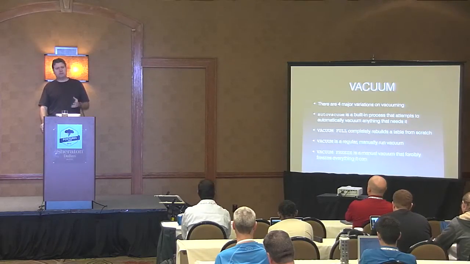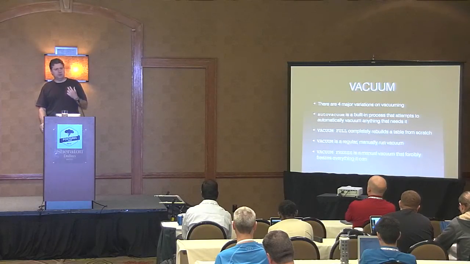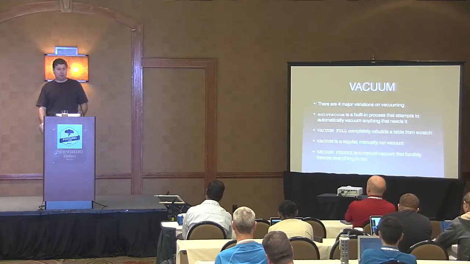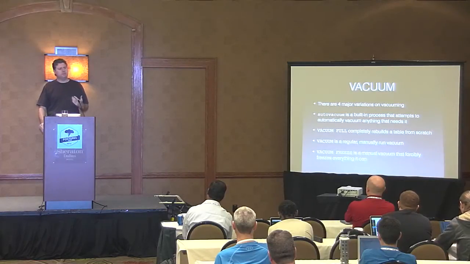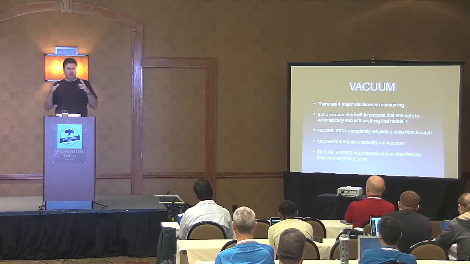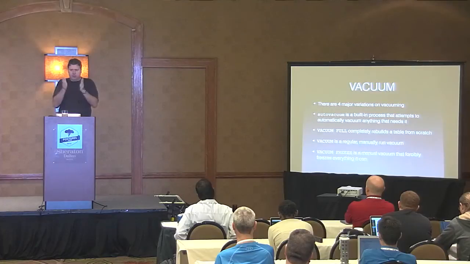Vacuum freeze is a vacuum that sets the freeze limit for that vacuum to be basically 0. So it will try and freeze everything that it can. If you are in danger of a wraparound, you might want to run a vacuum freeze. The other place where a vacuum freeze can be very handy is if you have just loaded a whole slew of data and it's all been loaded in roughly the same transaction range.